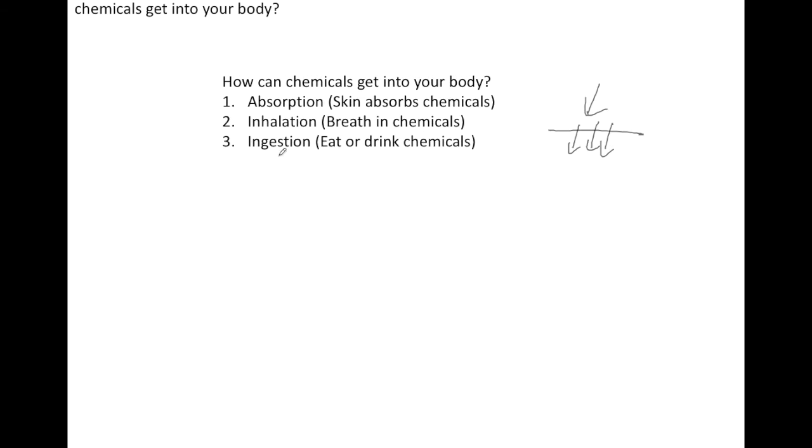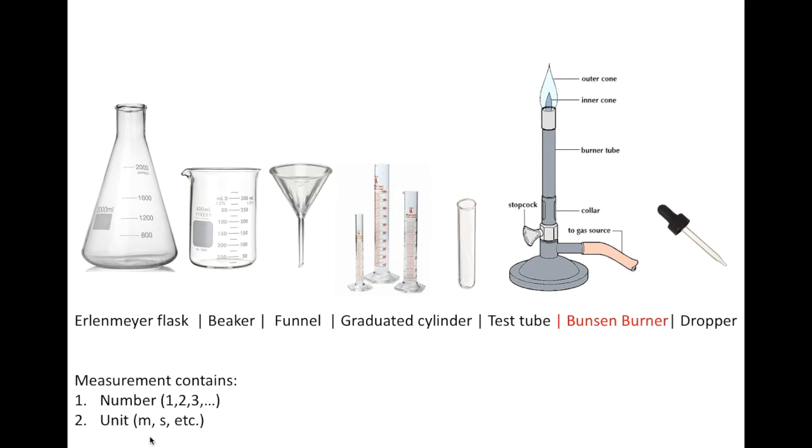These things happen every day. We inhale oxygen, inhalation. Our skin absorbs a teeny tiny amount of water, not a lot, so I guess we can say that. And for ingestion, we eat and drink every day, food, etc. So those are 3 ways chemicals can get into your body.